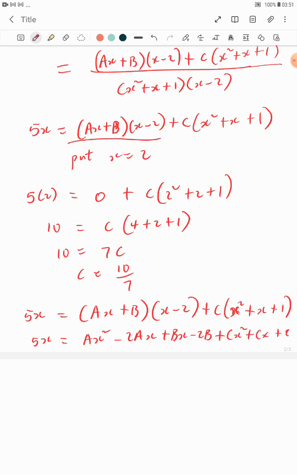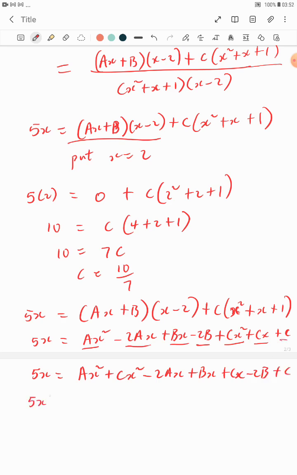Let's collect the like terms together. So we have 5x equals ax squared and this, that will be cx squared. Now the terms in x: minus 2ax plus bx, another one here, plus cx. Now the constants: our constant is here, minus 2b, and then we have plus c.